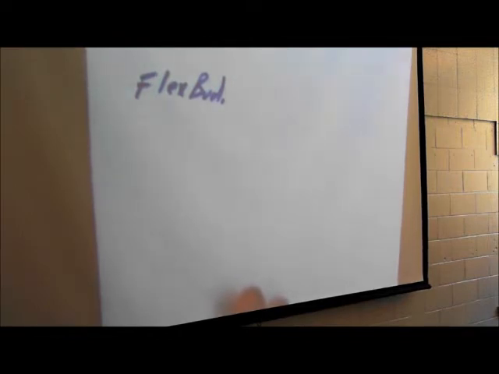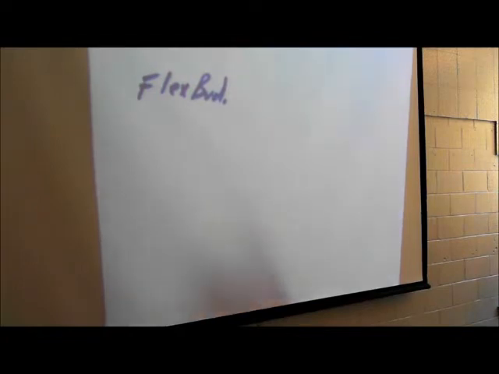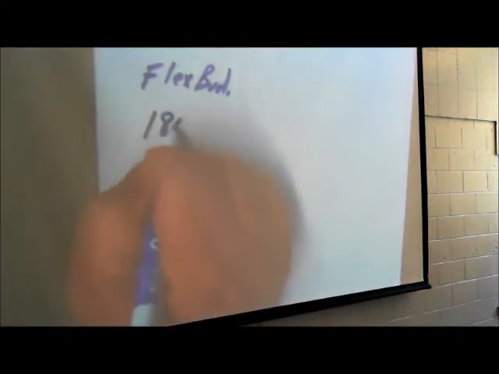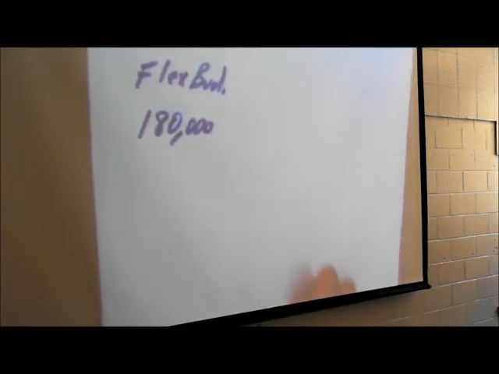Well, we know that our contribution margin is $4 a unit, right? And how many units did we have, actual? So I would get 180, 45,000 times the $4, right? Everybody okay with that?